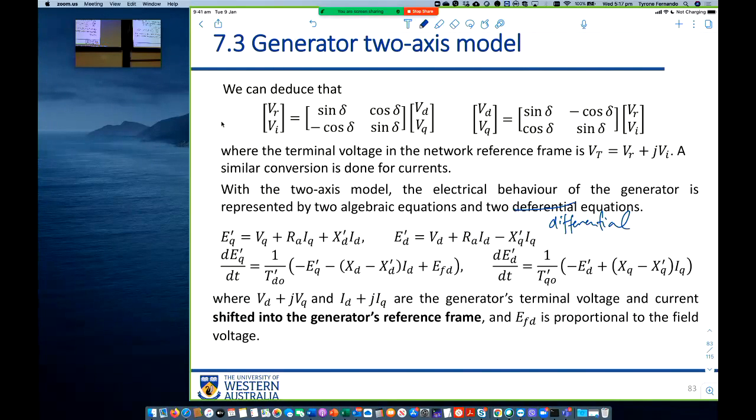I can separate them out because they are orthogonal: the D part is this and the Q part is that. And that's what we've written there, where VD and VQ and ID and IQ are the generator's terminal voltage and current shifted into the generator's reference frame, because DQ is the generator reference frame. And EFD is proportional to the field voltage.